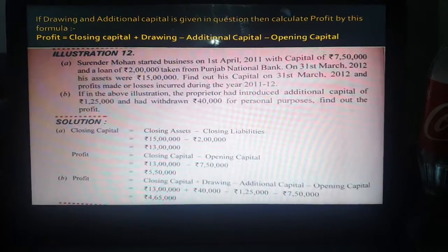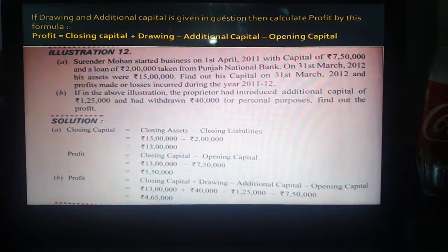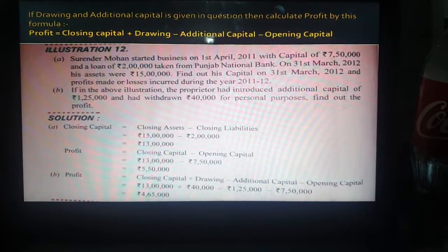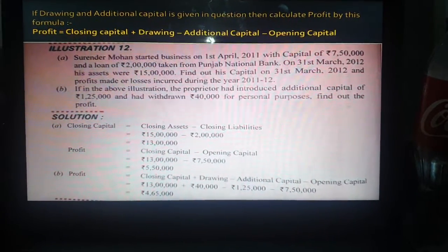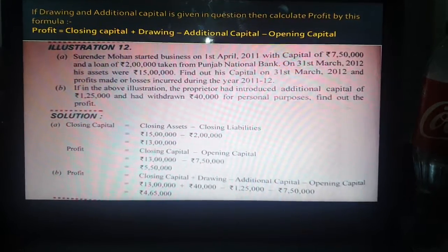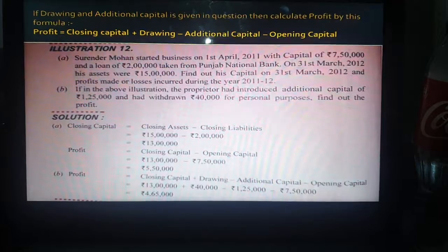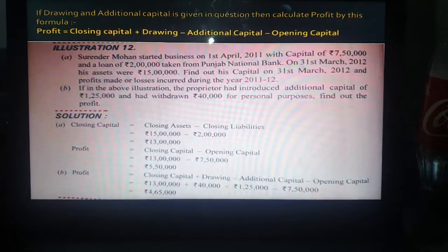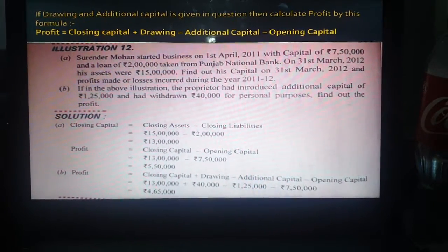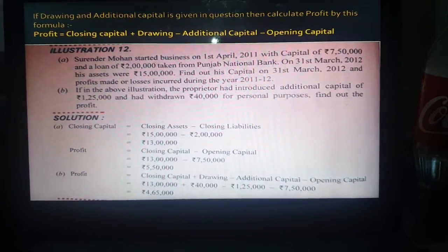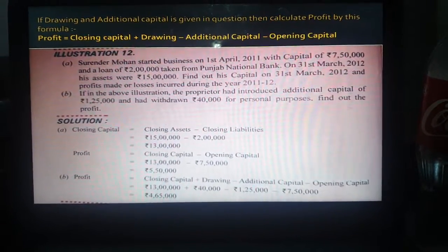This is your profit. Now in case number 2, we will take the same illustration but give some additional information. Additional capital is 1,25,000 and 40,000 withdrawn for personal purpose, that is drawing. In this case, you have to use the second formula of profit given at the top of this slide.